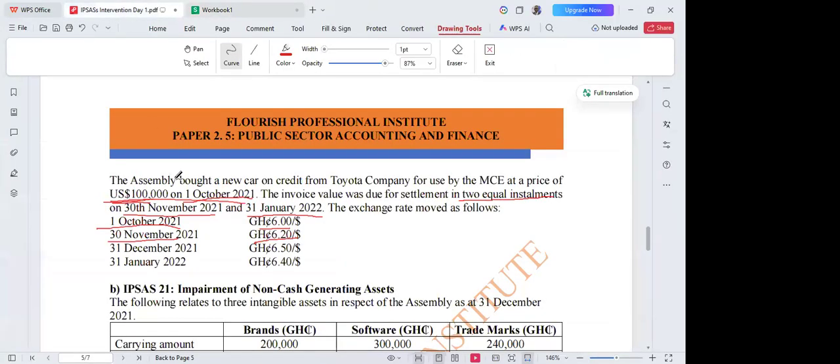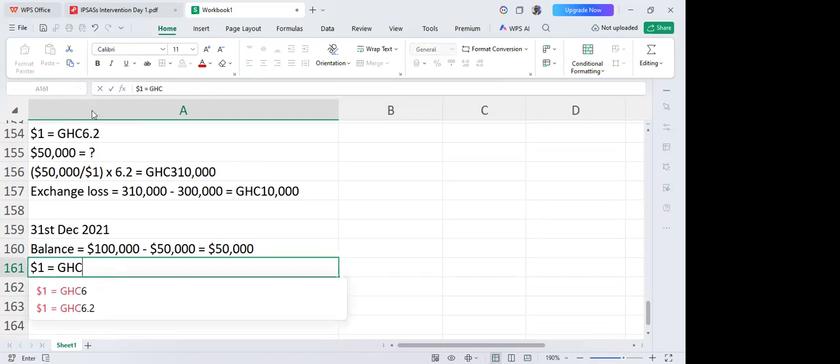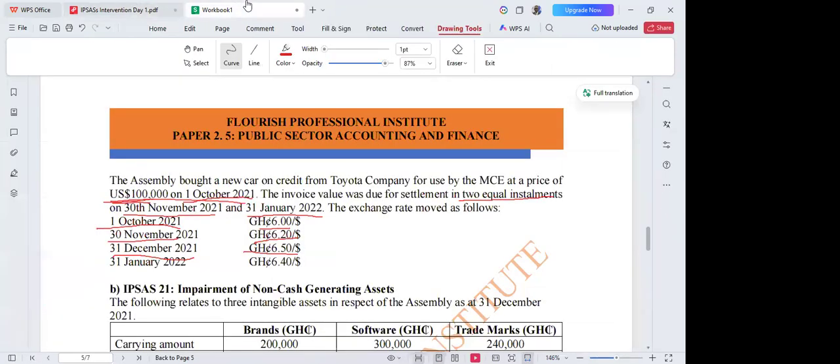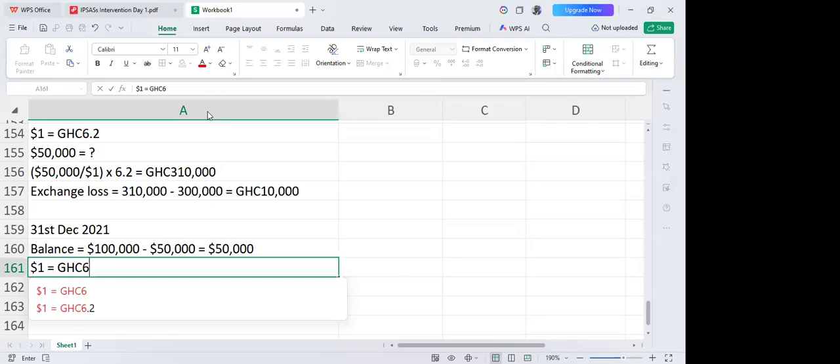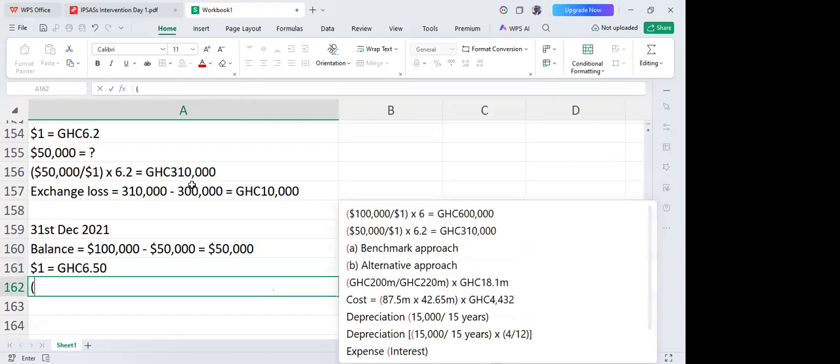So 31st December 2021 the exchange rate was 6.5 to $1. So we do that, $1 to 6.5. So we convert that.